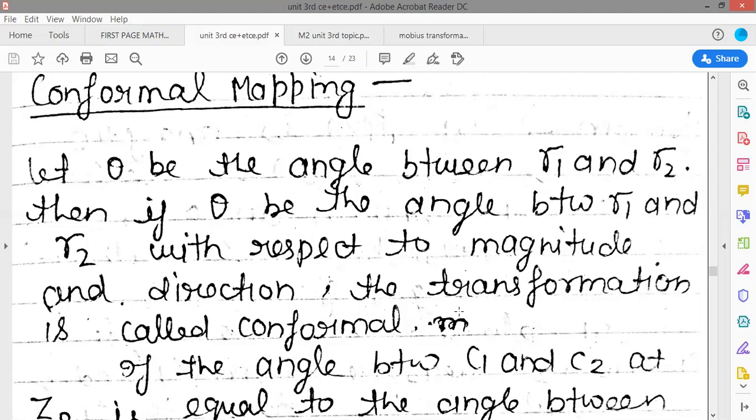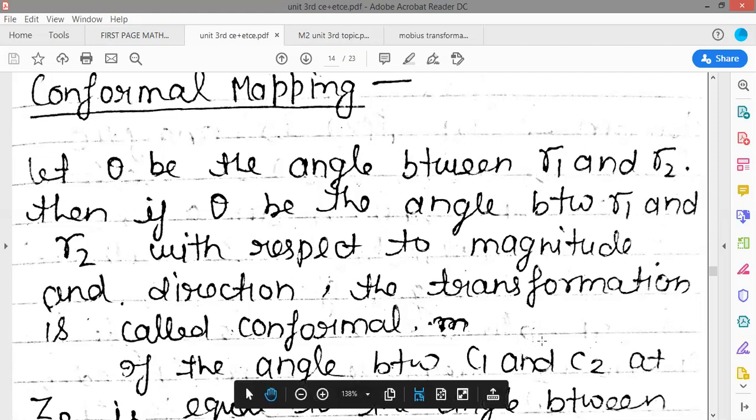Means one plane is converted into another plane. First of all, this is the basic definition. So to define conformal mapping means you are just converting one plane into another one. So if you have the z plane, you will convert your z plane into another plane, a new plane W. Let the angle of intersection of the curves at P in the z plane.